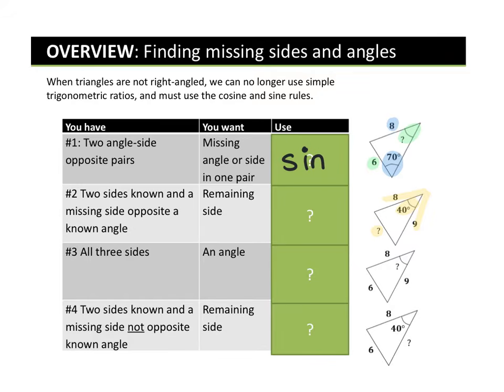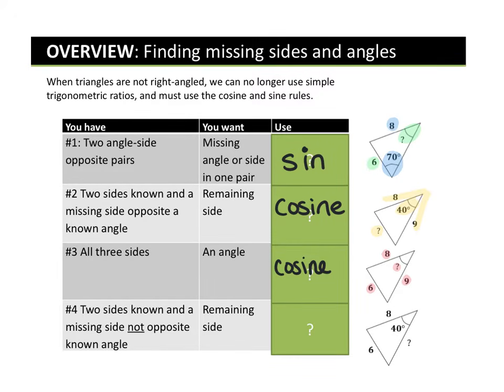We're going to be using the cosine rule. Okay. This time we have all 3 sides, but we want to find the angle. Okay. We are going to be using the cosine rule, rearranged. Okay, still the cosine rule.